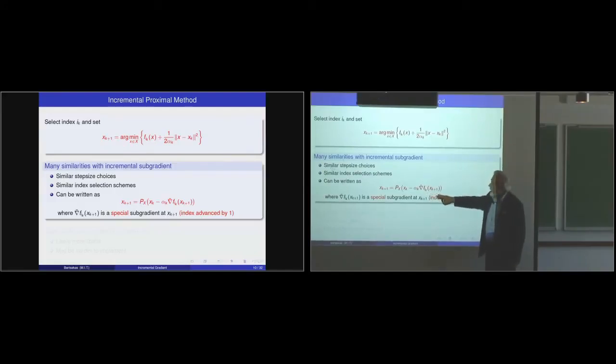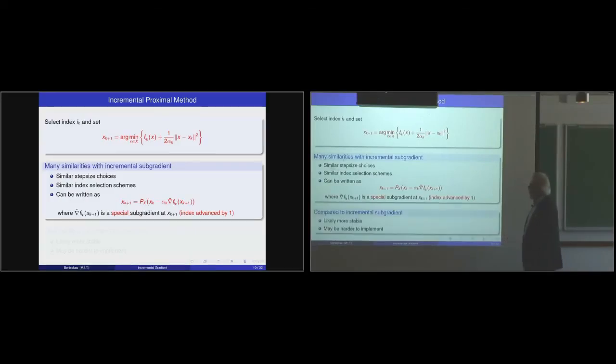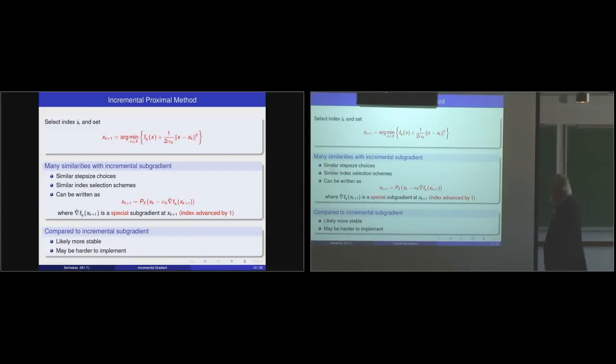However, the fact that this algorithm can be written like so tells you something about the close connection between incremental subgradient and incremental proximal. They're really almost the same. If the step size is small and this iterate is close to xk, then they're almost the same. So the point I'm making here is that incremental gradient and incremental proximal are very similar in terms of their behavior and some of their analysis.